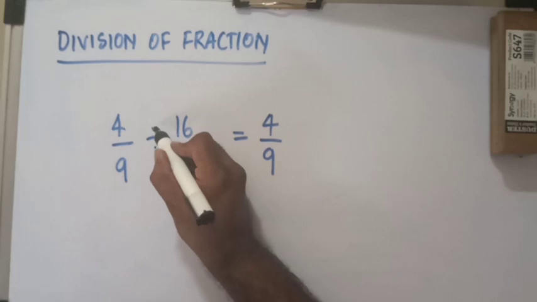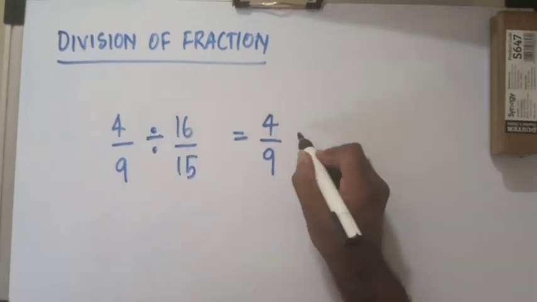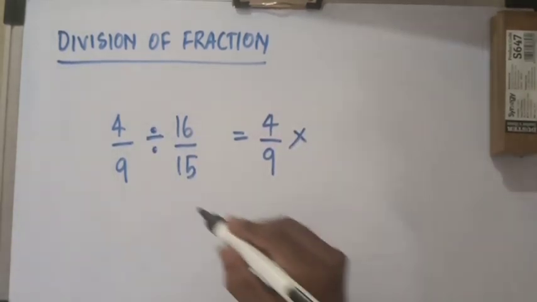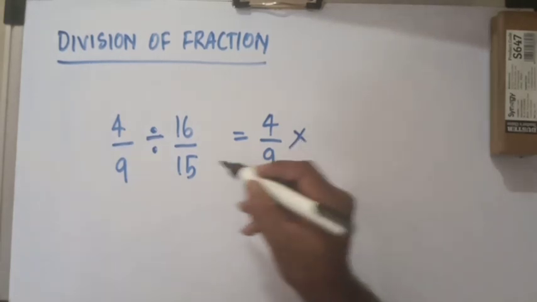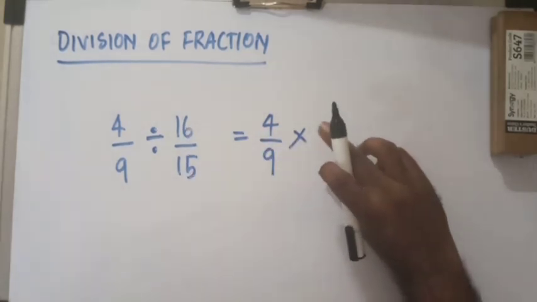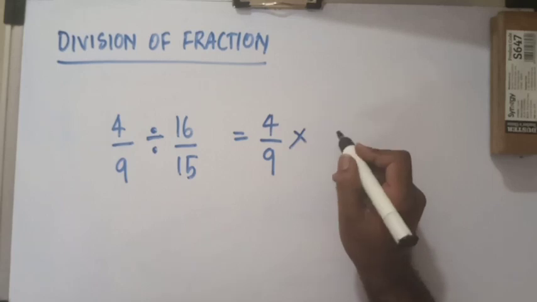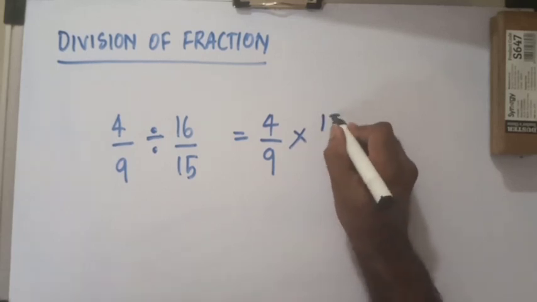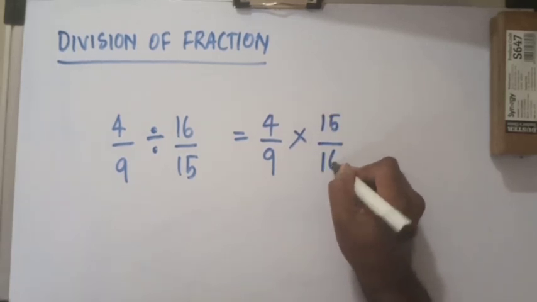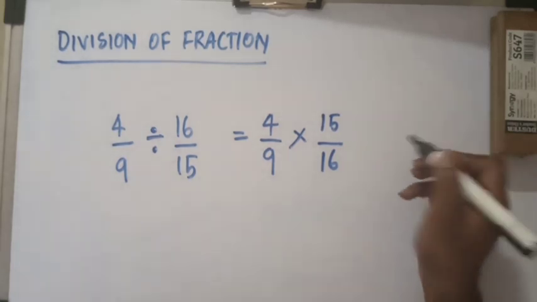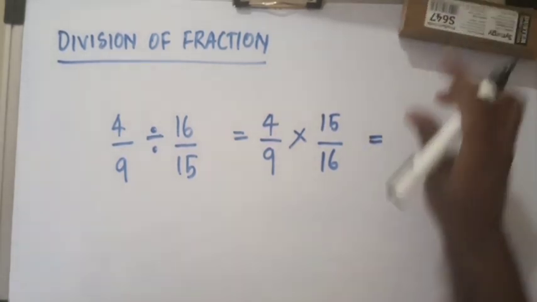The next step is you convert the division sign into multiplication. And when you convert the division into multiplication, 16 upon 15 becomes the inverse. Okay, so it becomes 15 upon 16. And now you solve by the rule of multiplying the fractions.